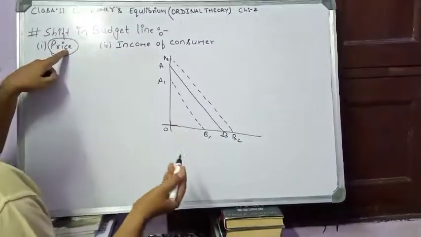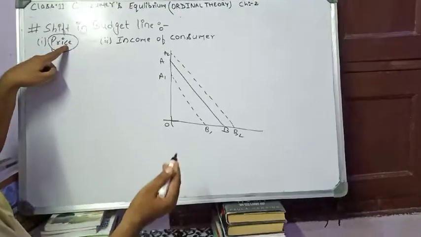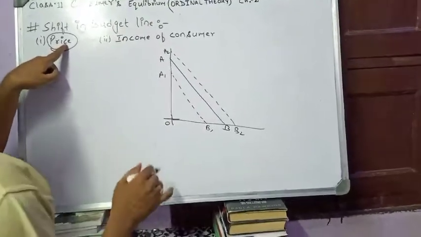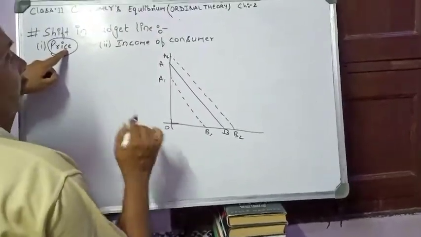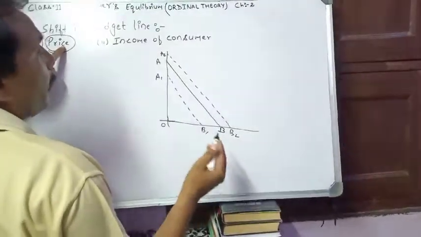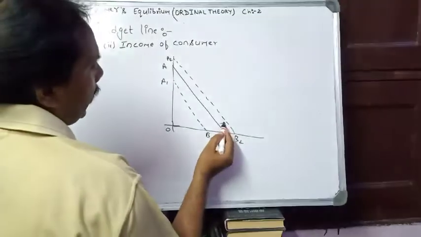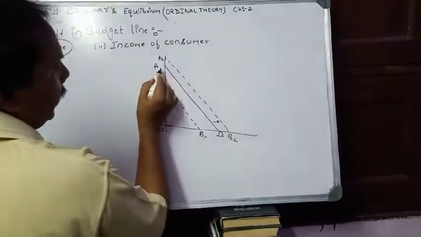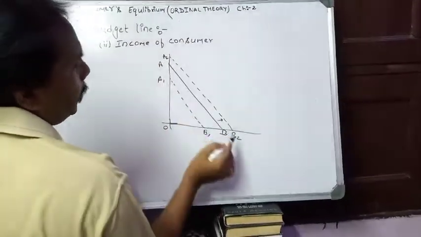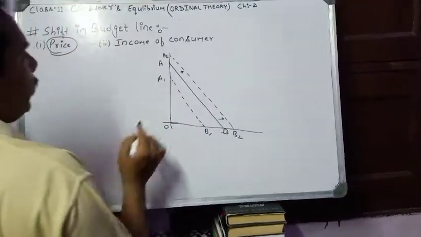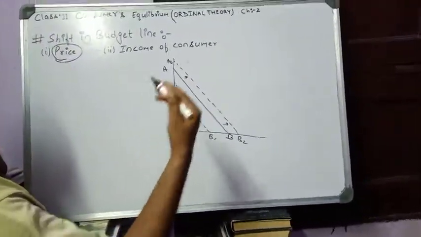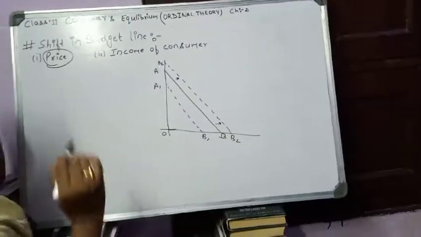On the other hand, if the price of both the commodities decreases, in this case a consumer is capable of buying more commodity from the same amount, and due to that it moves to A2 B2. So in this way, the budget line may shift rightwards or leftwards.